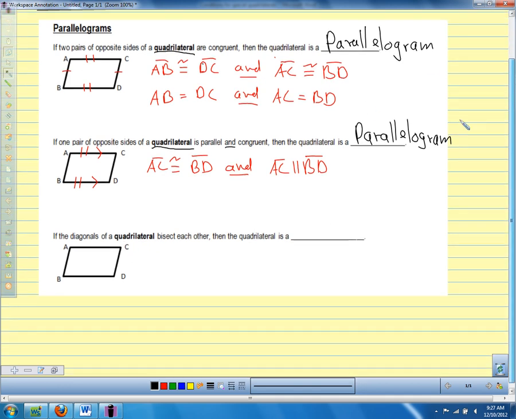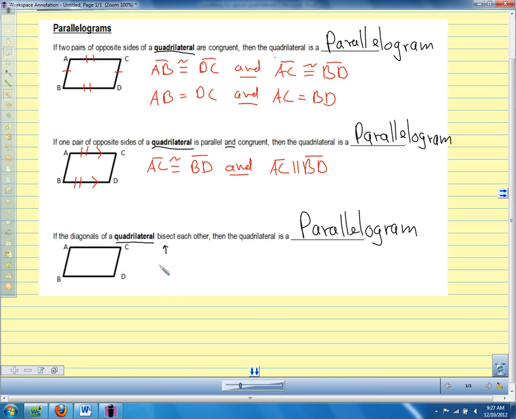If the diagonals of a quadrilateral bisect each other, then the quadrilateral is a parallelogram. Now what does bisect mean? Cut in half. So if you need a reminder, bisect means cut in half.